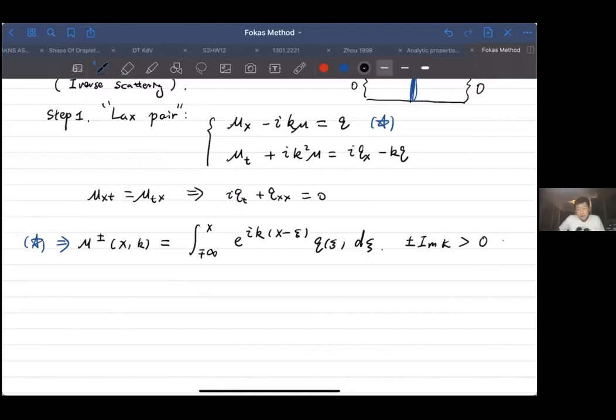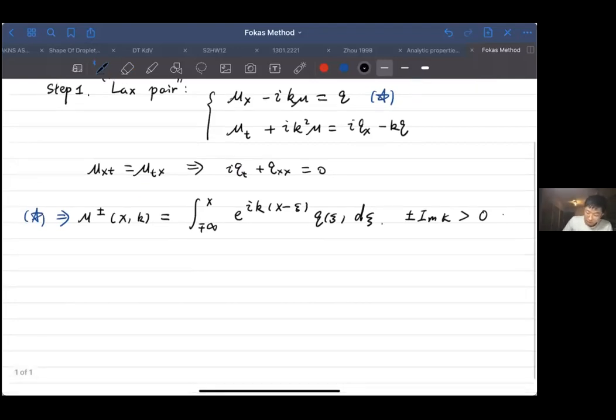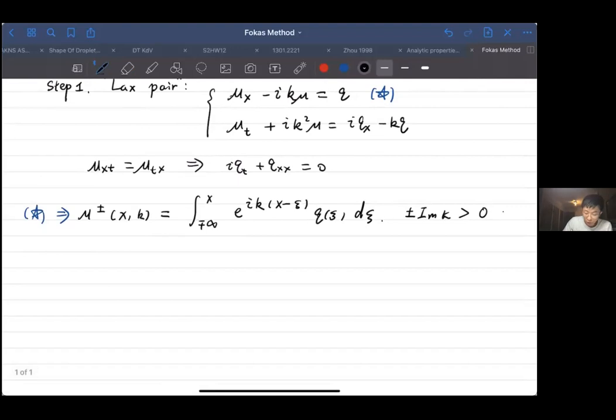So mu plus means it's analytic on the upper half plane, and mu minus is analytic on the lower half plane. It's very simple. The first equation, you can solve it. And also we already posed the boundary condition here, right?